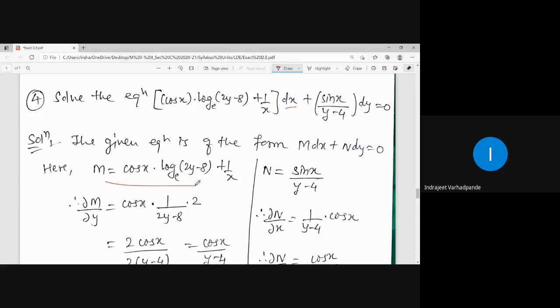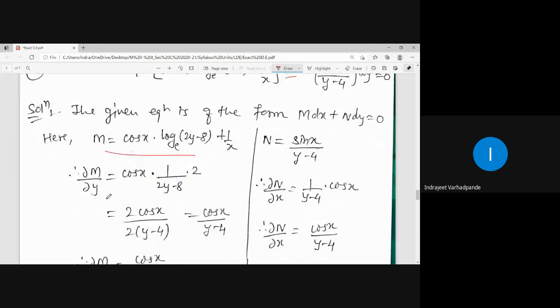Here m is equal to cos x into log of 2y minus 8 to the base e plus 1 by x, and n is equal to sin x upon y minus 4.